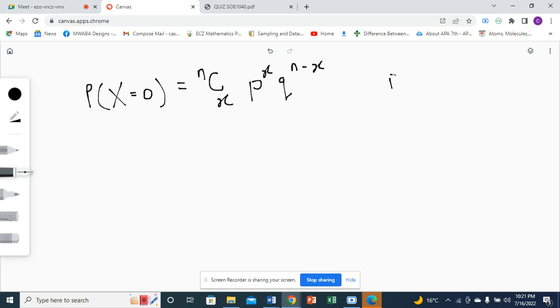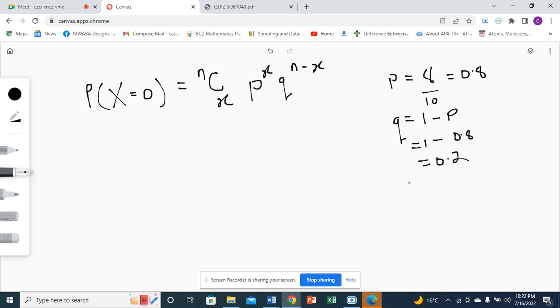Our probability was already given as 8 out of 10, which equals 0.8, representing the effective marketing strategies. Our q equals 1 minus the probability, which is 1 minus 0.8, and we get 0.2.